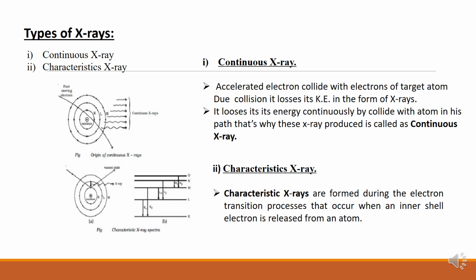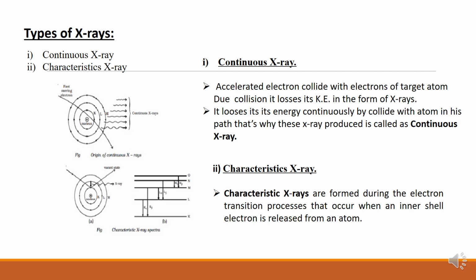In the second process, when the accelerated electron has sufficient energy, it penetrates deep into the target atom and ejects the electrons of the target atom. Suppose the accelerated electron ejects an electron of the K shell, then there is a deficiency of an electron in the K shell, and this deficiency is filled by a higher orbit electron.